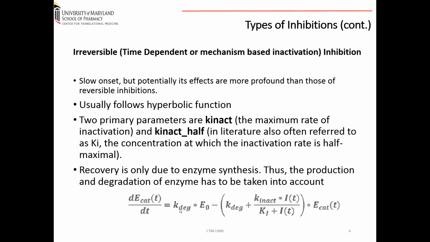So if you take the first order enzyme synthesis and zero order degradation, and you describe your inactivation process using an Emax function, here K inact is a Vmax type of parameter, which is the maximum rate of inactivation, and Ki is the EC50 kind of parameter, which is the concentration at which the inactivation rate is half the maximal. And this affects the rate of enzyme related metabolism. So that's about the irreversible inhibition.